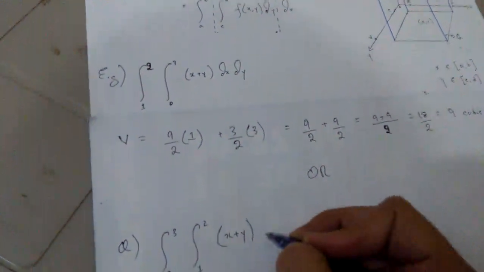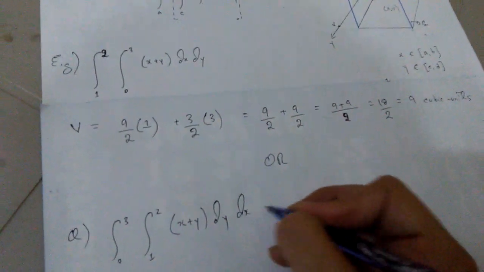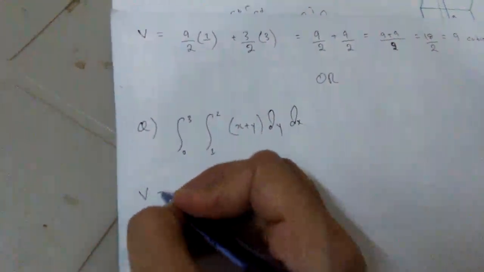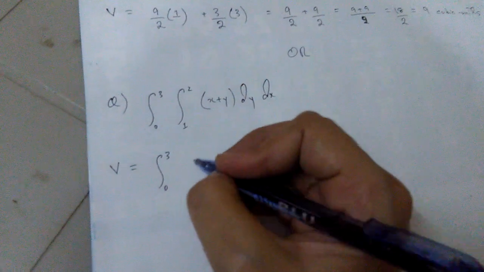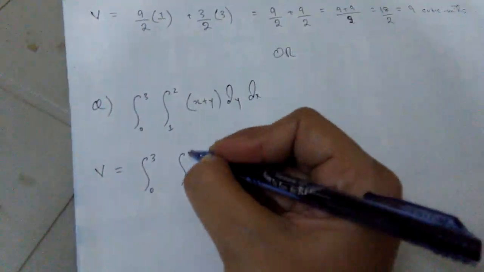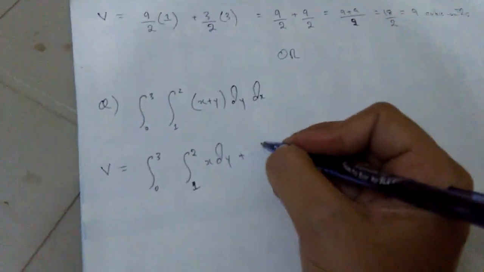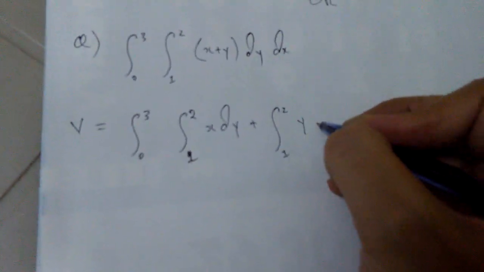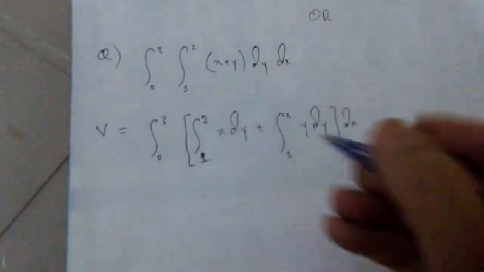And I will swap my differentials as well, like this. It is actually nothing but volume, as I have said already before. So now, once again, that's what we are doing.